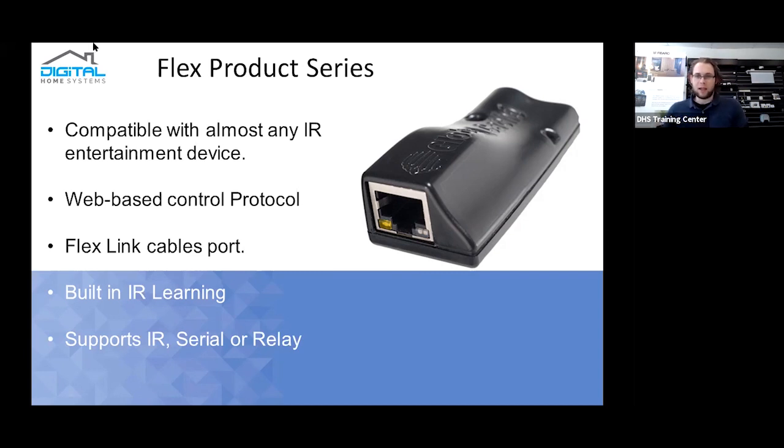So the Global Cache products, primarily Flex is the one that we provide, is compatible with almost any IR entertainment device, from TV, set-top box, DVD player, radio, and it's essentially a web-based control protocol. What that means is it loads into your network like your Fibaro controller, for example, and using that interface, you're able to direct your controllers to use its IR output port in order to convert a string command.